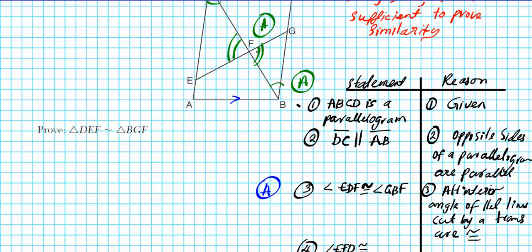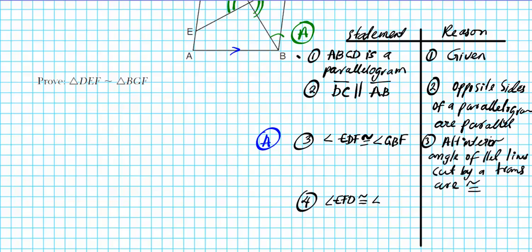So angle GFB. Well, how do we know that? They are vertical angles. And that's the second A we need.